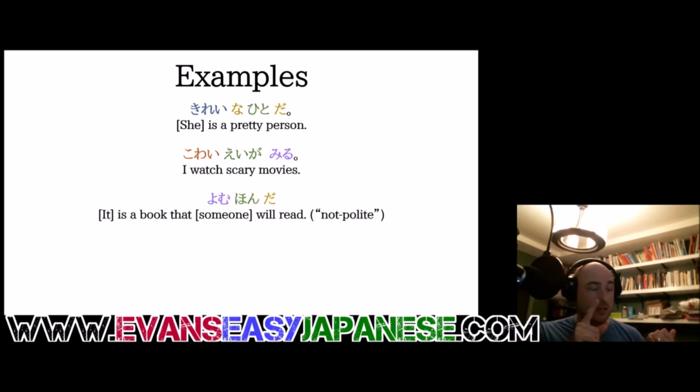You will see nominal. The things that I call the nominal will have a copula after them if it's the end of a sentence or if they're before a noun, even if there's an adjective or a verb in front of them. If I called it a verbal, you'll see that out of all of these examples, there's no copula necessary after them.